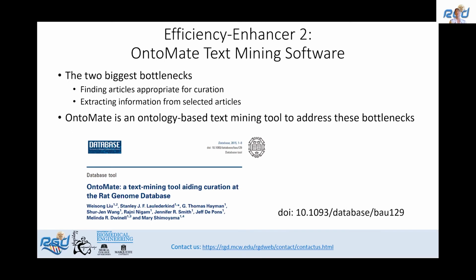So the biggest bottlenecks that we found were finding those articles that were appropriate for curation and then extracting that information from those selected articles. And so Ontomate was developed as a text mining tool really to aid the curation, not to replace it, but to really help the curators focus in on and find what they want to be able to use for curation.